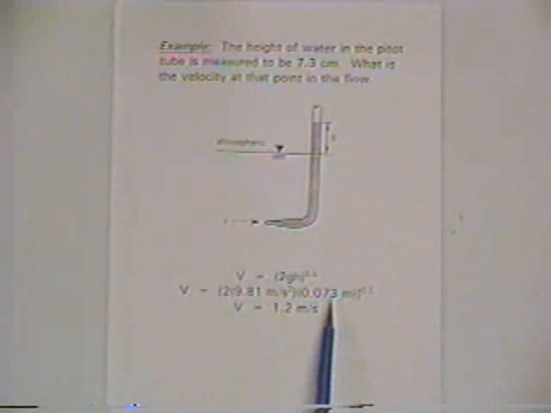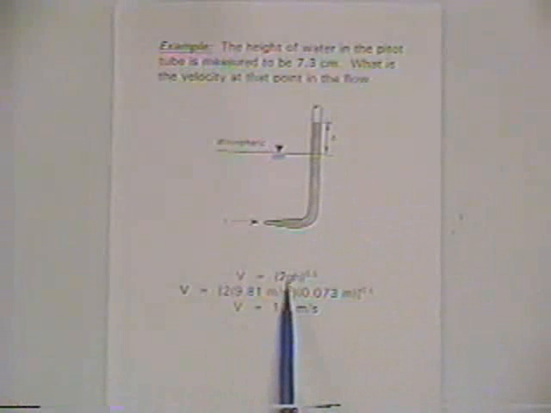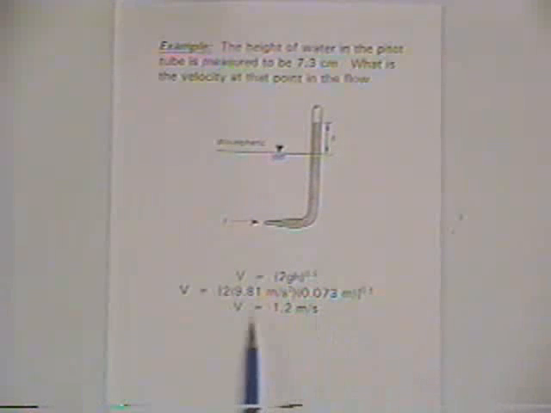We plug it in meters, since we're going to be using meters per second squared for the acceleration of gravity, and we get a velocity of 1.2 meters per second. So that example is a classic application of the energy equation, but it also illustrates a particular device for measuring velocities in a fluid flow field.